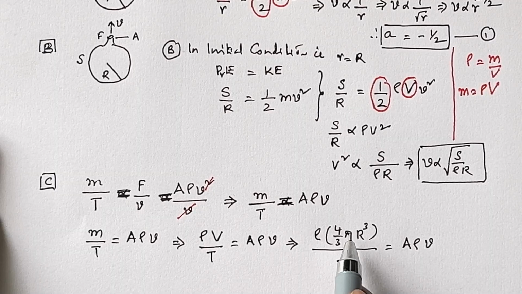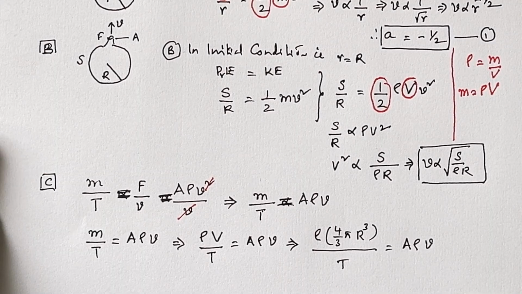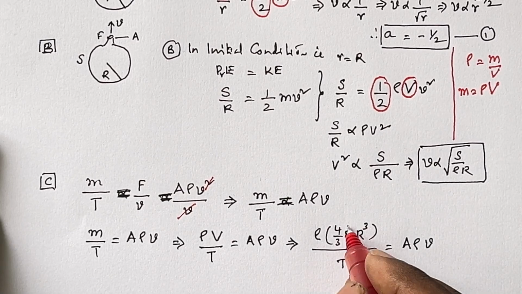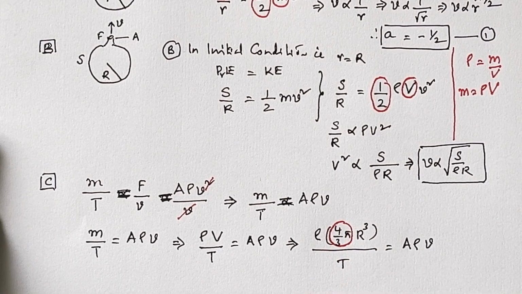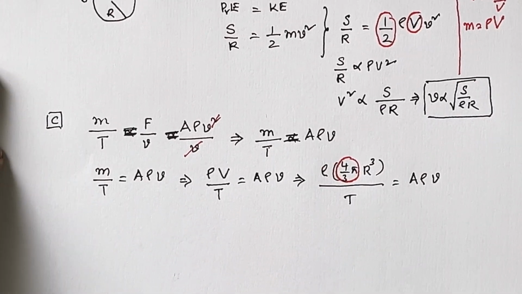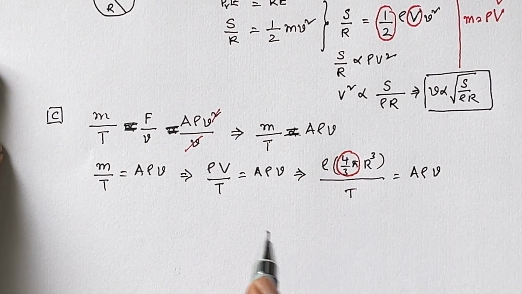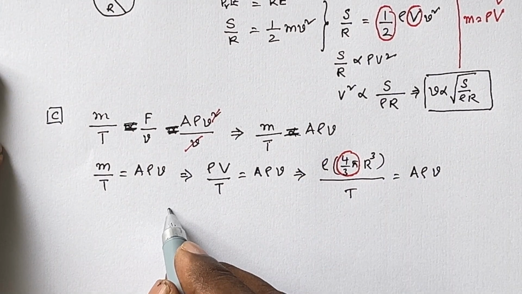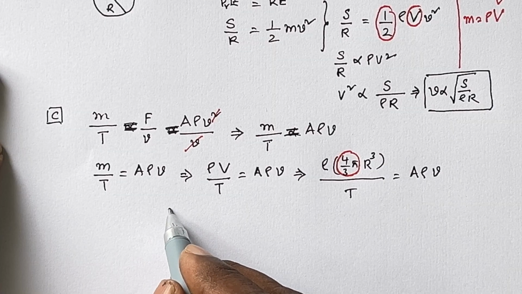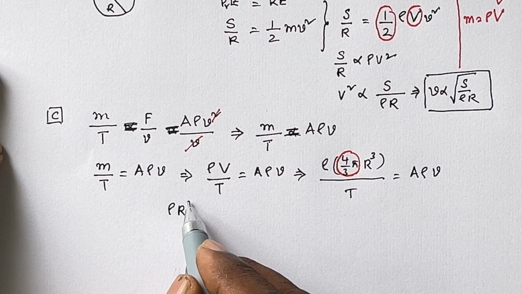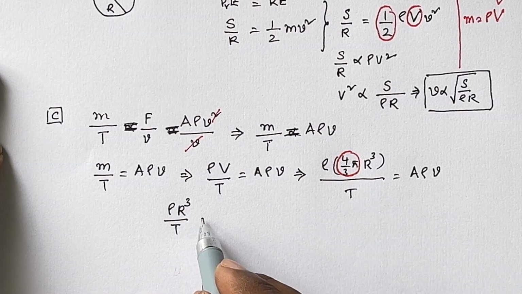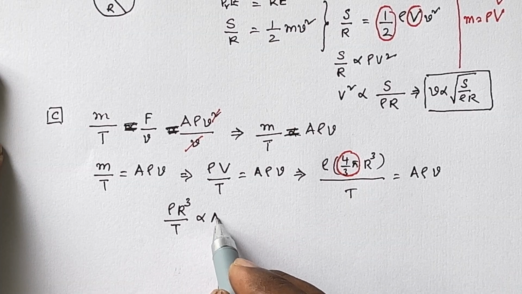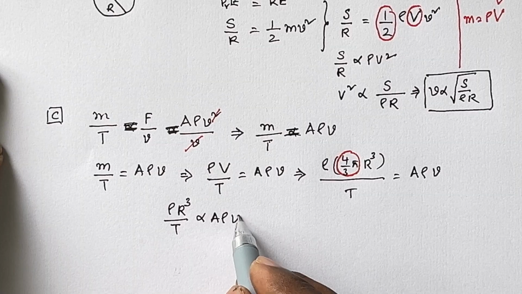But 4 by 3 pi is a constant, so we omit this constant. Then rho r cube by T is proportional to A rho V.